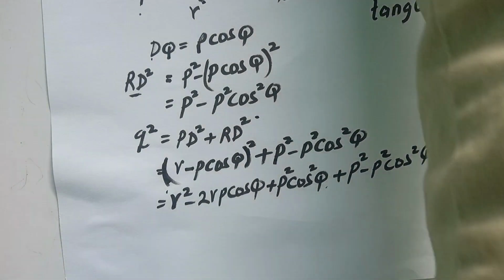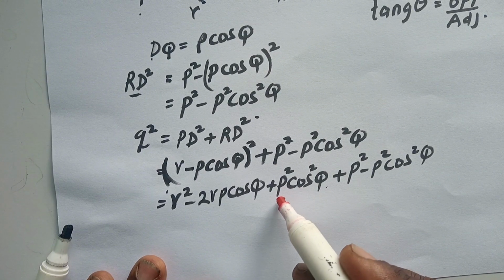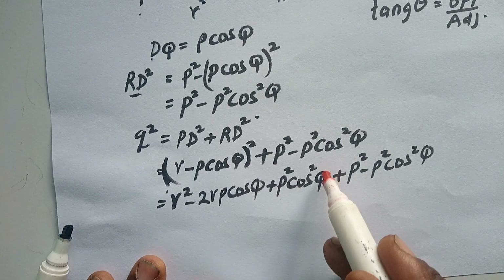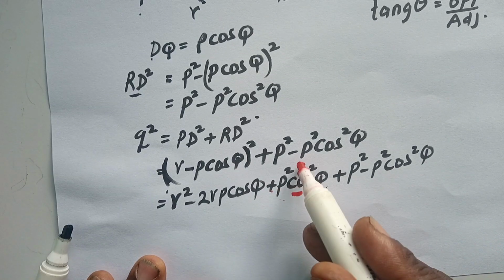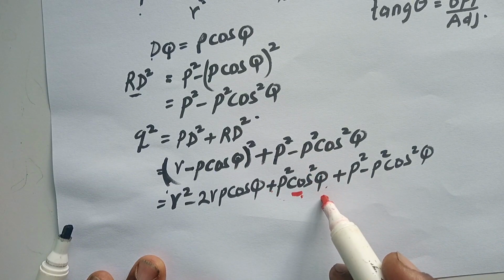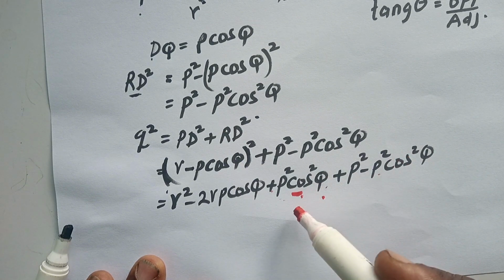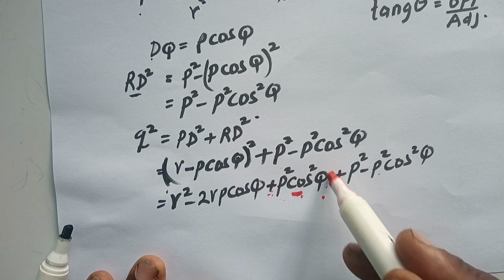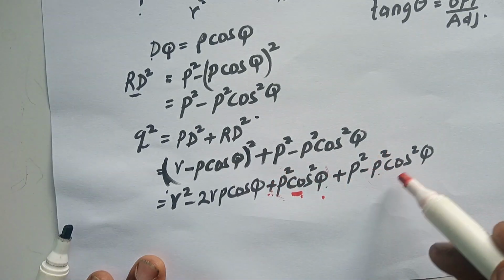And once again, we put the like terms together. So plus P squared cos squared Q minus P squared cos squared Q, they cancel because one is a positive and the other is a negative.